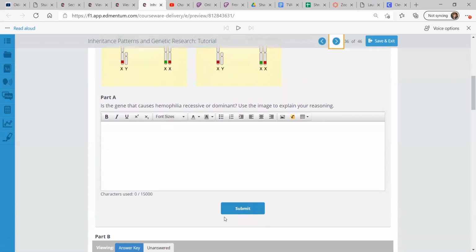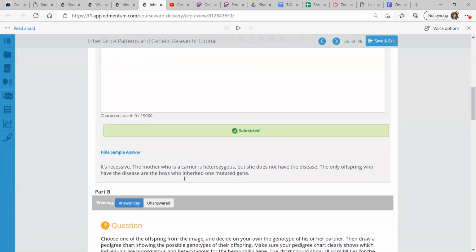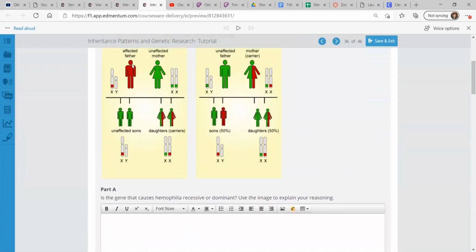From this, it is recessive, okay? Because the affected father, none of the offspring is affected. So that means it is a recessive trait.